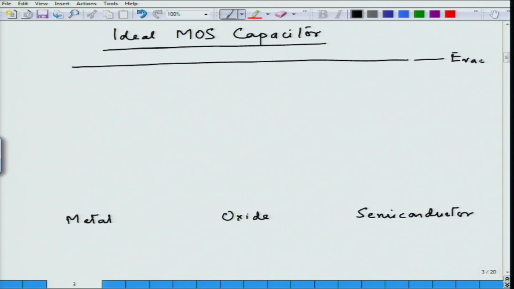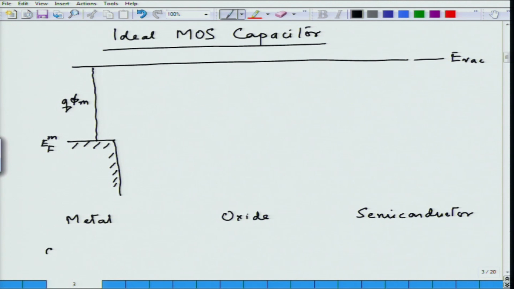With respect to this vacuum level, for metals we have Fermi energy, we have continuous bands, and Fermi energy defines the electronic structure of the metal. In this definition, the energy required to take the electron from the metal to make it free is the work function, the metal work function.